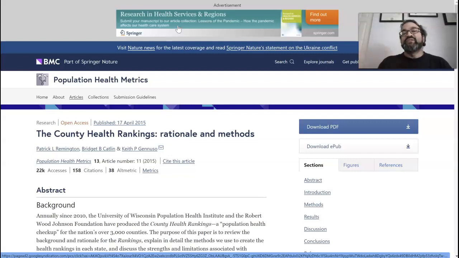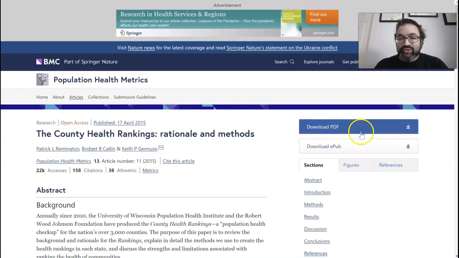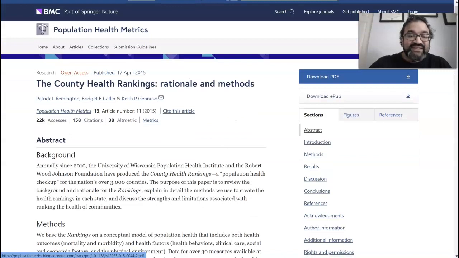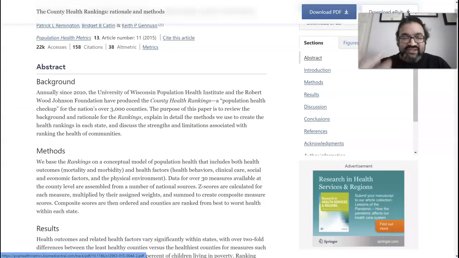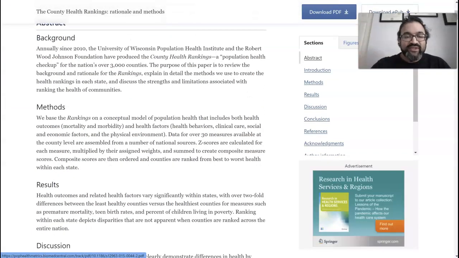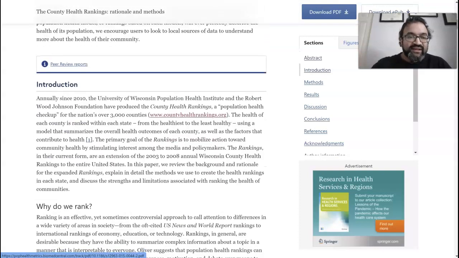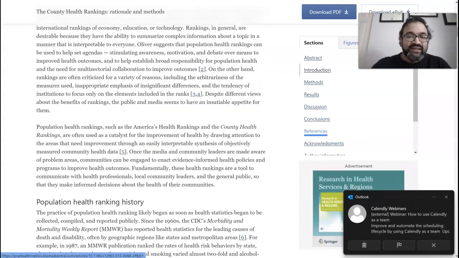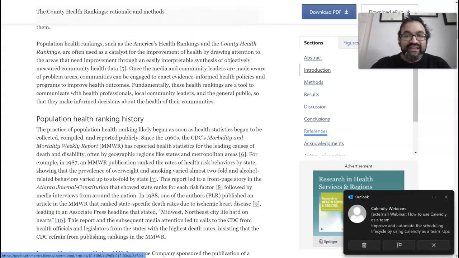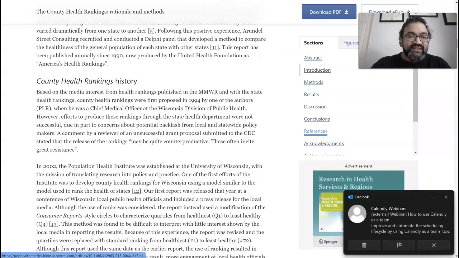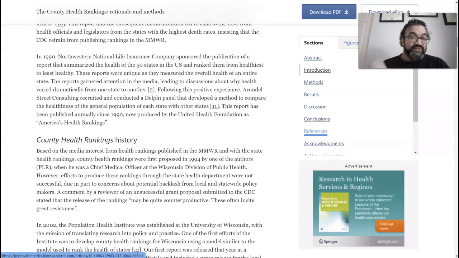But there was no streamlined way to compare different states, and more importantly, rank the states against each other. So I encourage you to scroll through this and take a look at how these rankings take place, and also at the history.